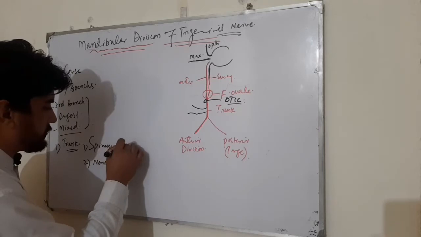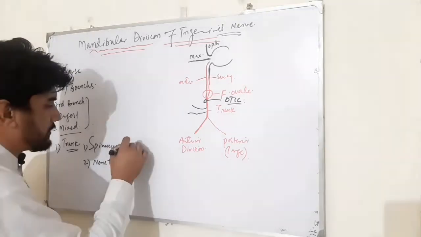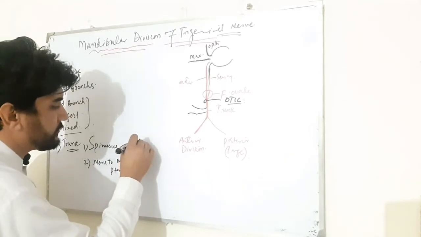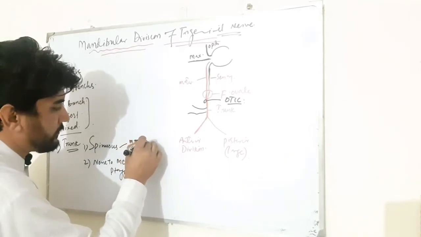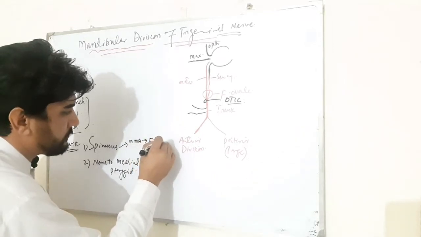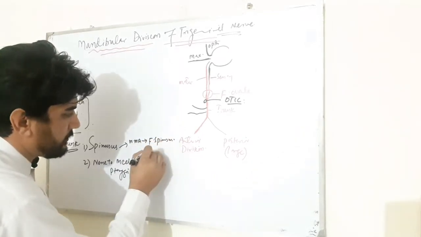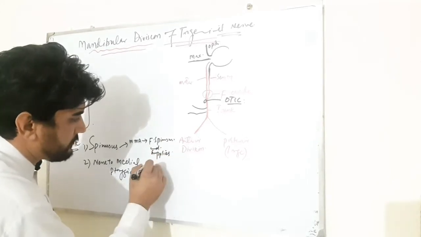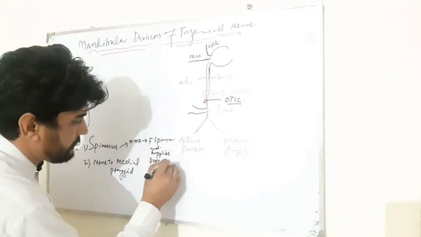The nerve to spinosus combines with the middle meningeal artery, goes into the foramen spinosum and supplies the dura mater.